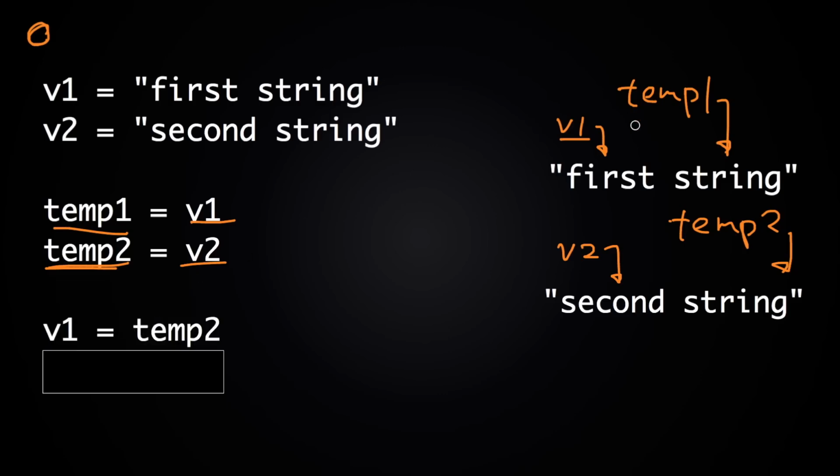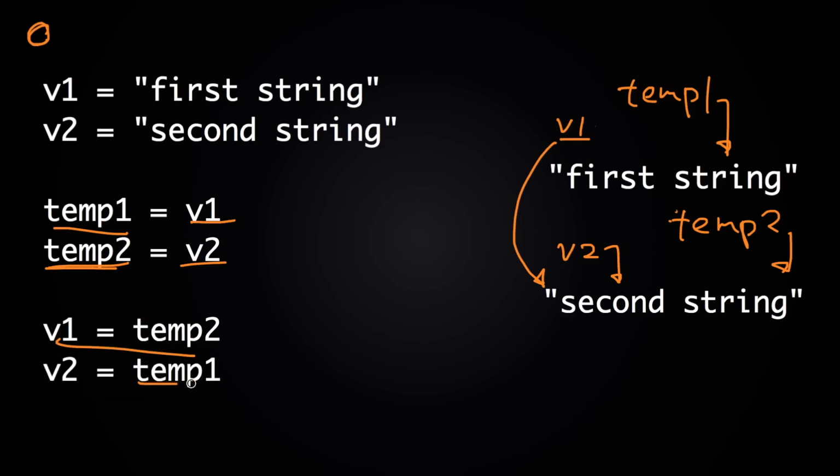So v1 will be equal to temp2, which refers to second string, so v1 will now refer to second string after this line right here, and then v2 will be equal to temp1, which is of course first string, so v2 will refer to first string after these lines.